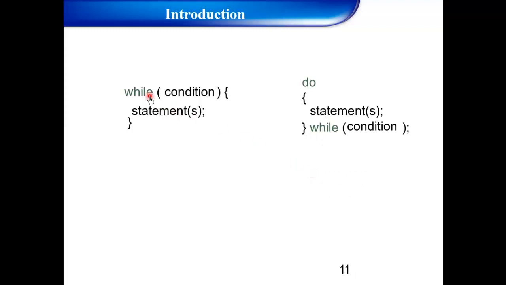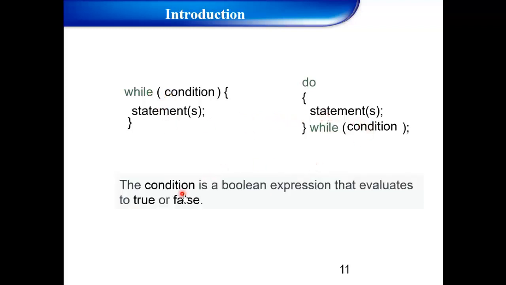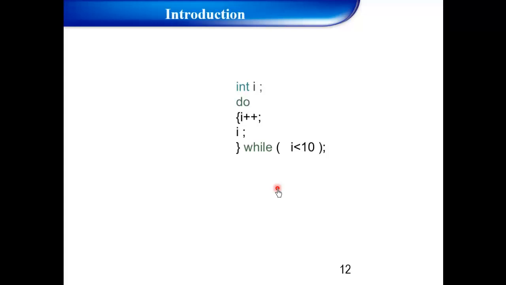Now this is condition before statement, and this is statement before condition. The condition is a Boolean expression that evaluates to true or false, I mean 1 bit. Now how does the while loop work?